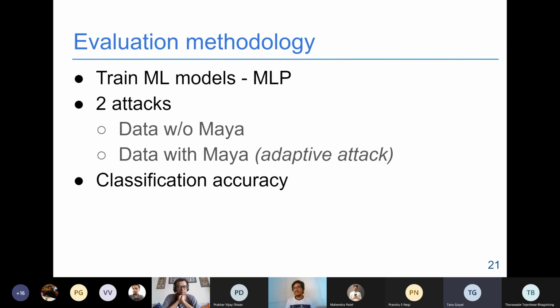Training data consists of power traces, and the attacker trains a classifier which, based on these power traces, tries to predict which application was running on the computer. The other attack is that you train on power traces with Maya being run on the computer. So let's say Maya is running on the computer system, and then you are collecting power traces. This is called an adaptive attack. Once you've trained these ML models, you compute the classification accuracy on the test set.